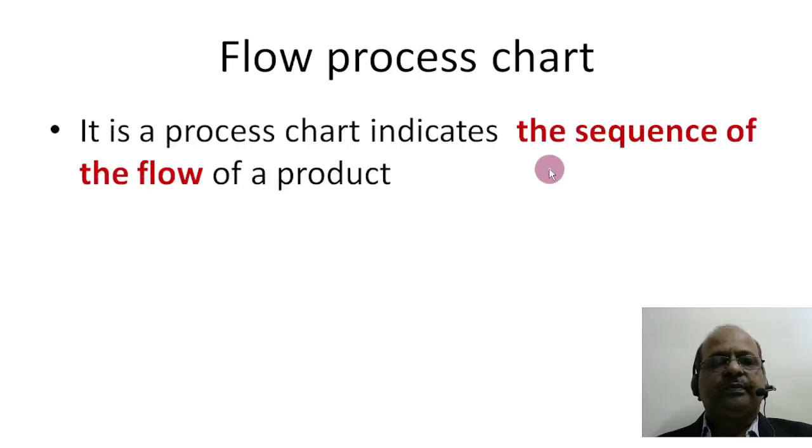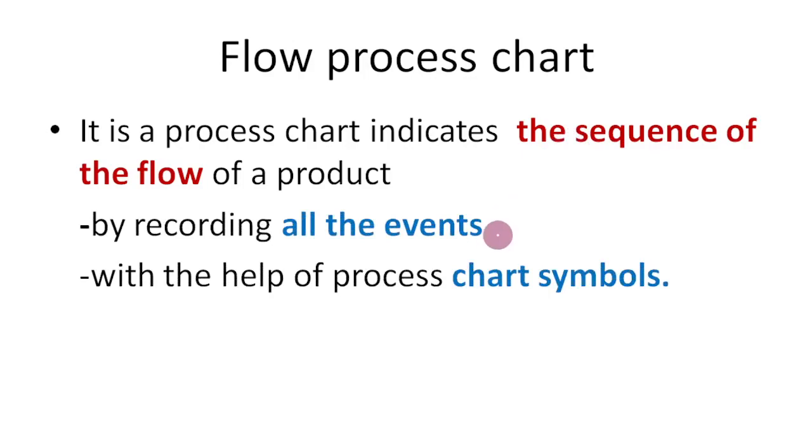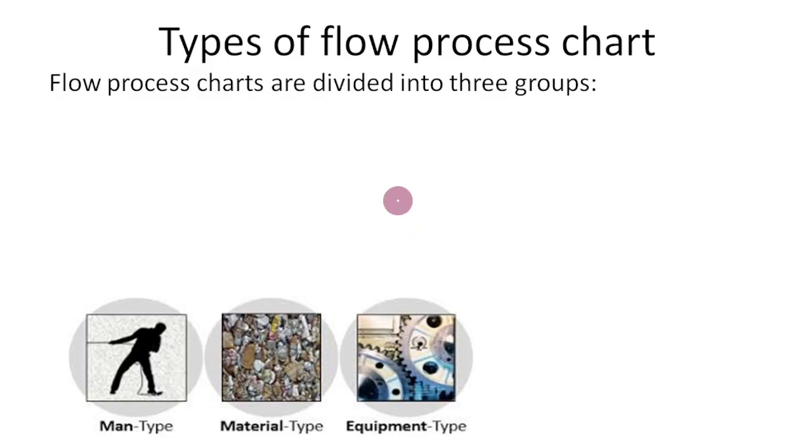In this video, we are going to see the flow process chart. It is a process chart that indicates the sequence of the flow of the product. It records all the elements in the process, and for that purpose it uses symbols.